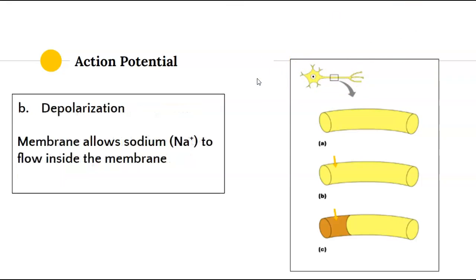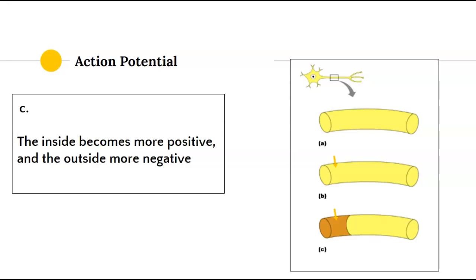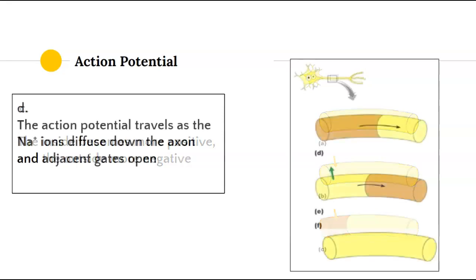Depolarization happens, so the membrane allows sodium to go inside. We are getting more and more positive, where the inside becomes more positive and the outside more negative, right? Because those positive sodiums from the outside are now inside, so that positiveness is now inside.